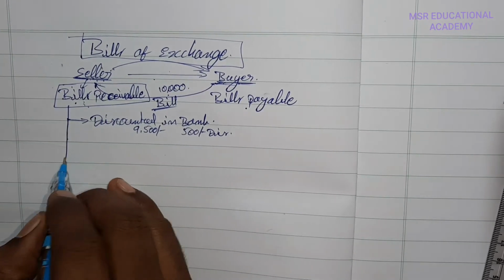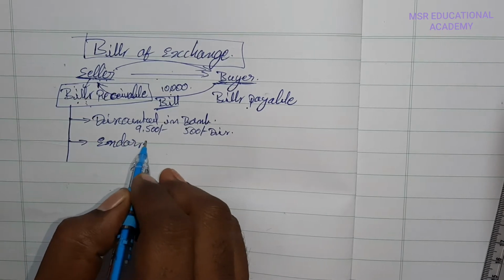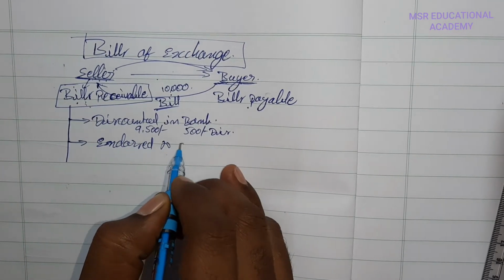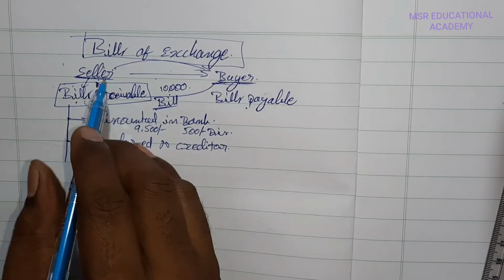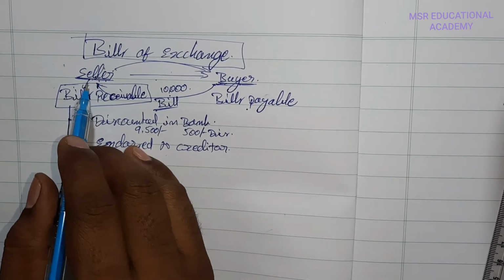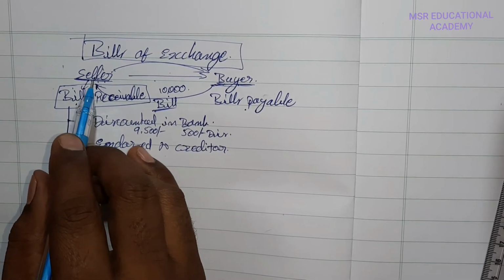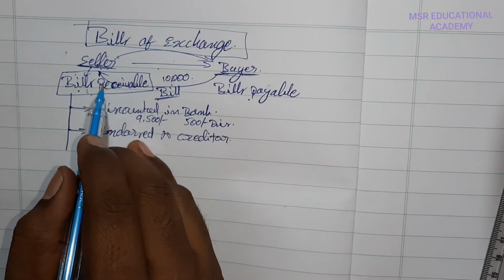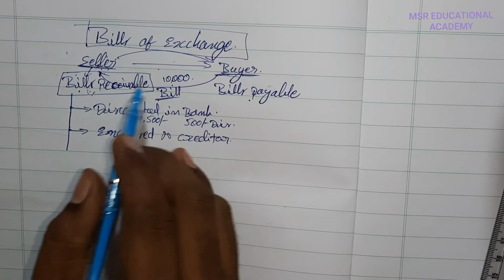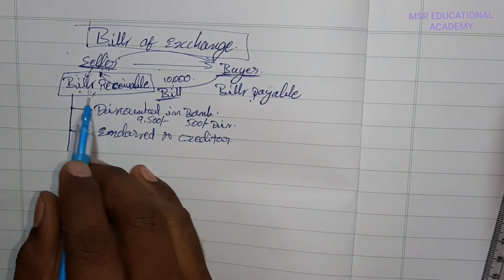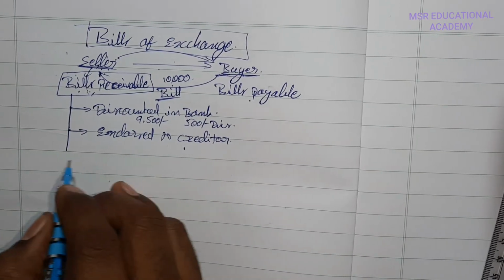Or otherwise he can endorse it to his creditor. Whose creditor? The seller's creditor. The seller also purchased some goods from some creditors. Hence the bills receivable that he received from his buyer, his customer, he simply endorses to his creditor. That is the second point.